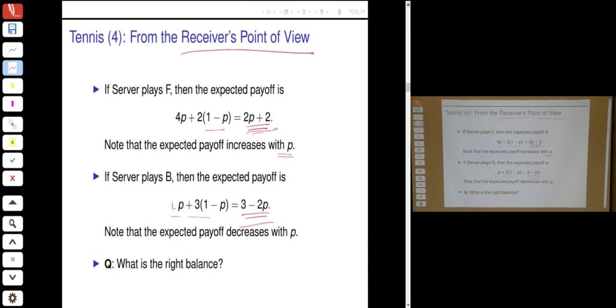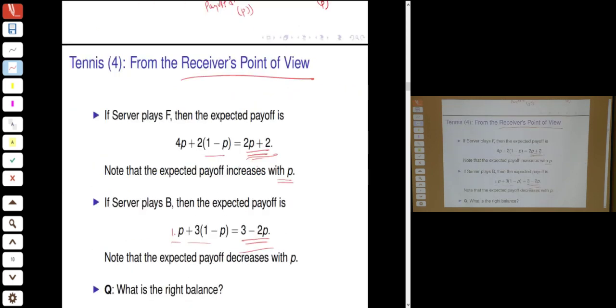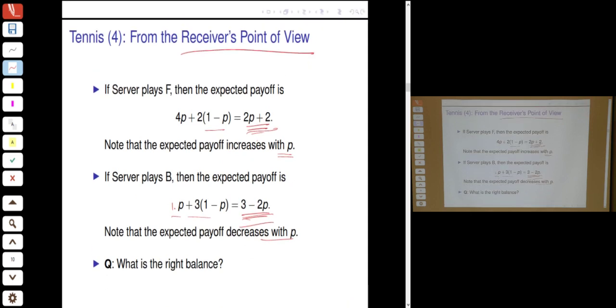Notice that in this column, unlike the previous column, the expected payoff decreases with P because it is now 3 minus 2P. So if P increases, 3 minus 2P decreases. So here is the conundrum. If you look at the first column, the expected payoff increases with P, so you would love to take P as large as possible.